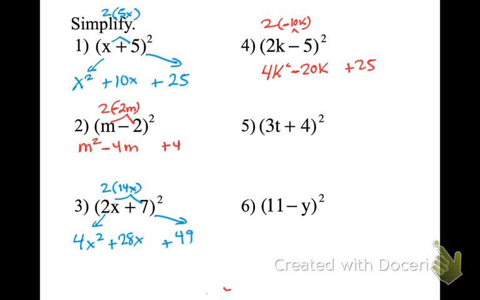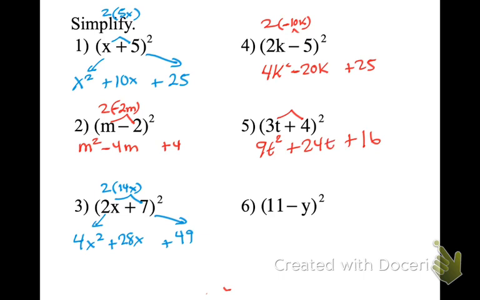Okay, so that would be 9t to the second. Last term. 16. Middle term. 12t. And then you double that, that would be 24t.